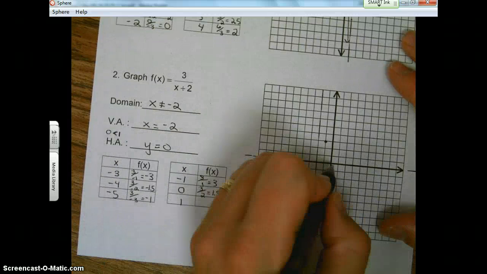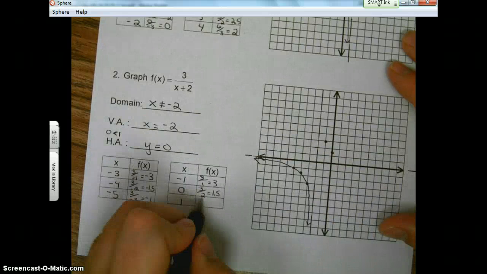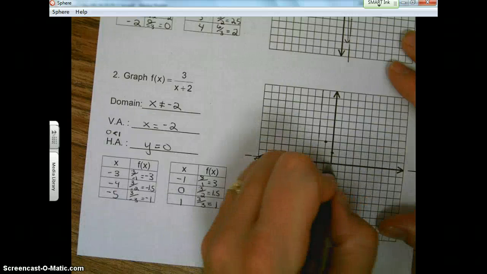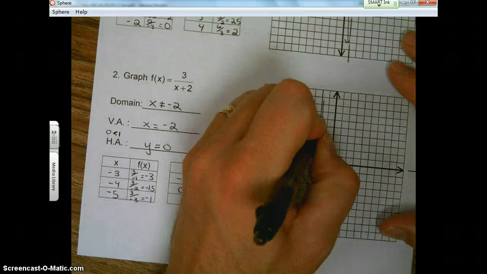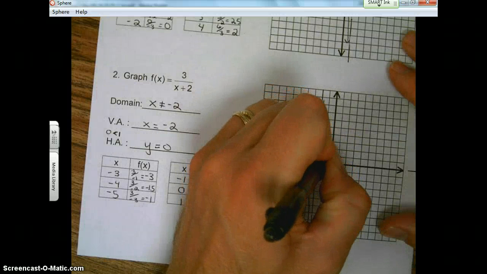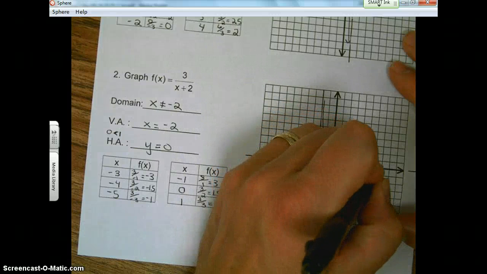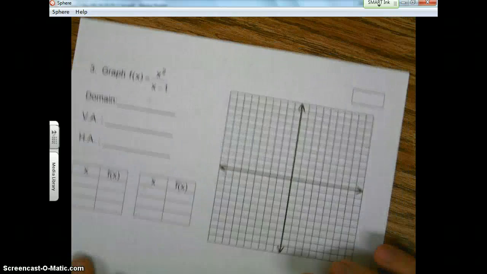So 0, 1.5. Plug 1 in, we get 3 over 3, which is 1. So we get 1, 1. Going along the vertical asymptote, curving through those 3 points, and right along the horizontal asymptote. Okay, one more to do.